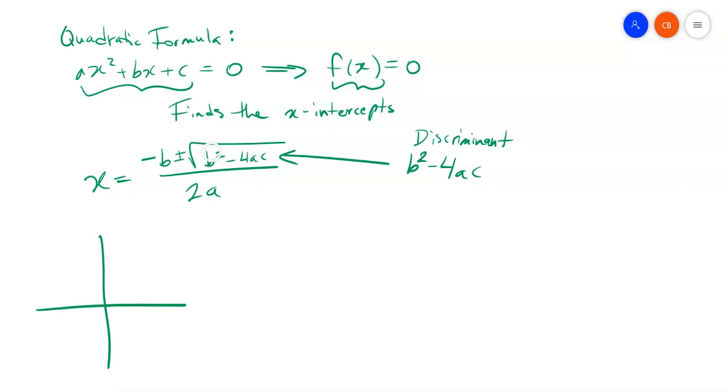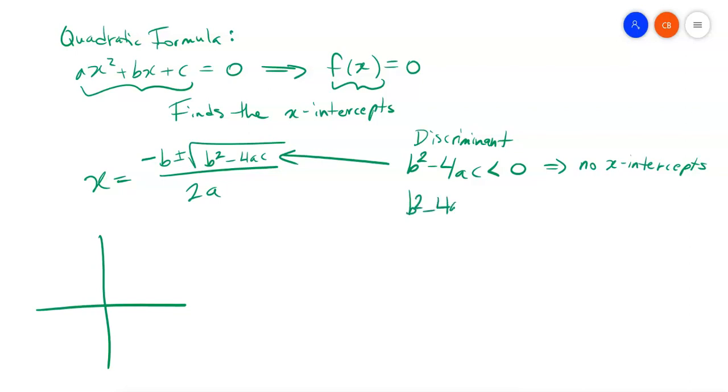Think about it: you're taking the square root of something, and then adding and subtracting that from some other number. If the discriminant is negative, there are going to be no x-intercepts, because we cannot take the square root of a negative number. It's not allowed, so there are no x-intercepts.